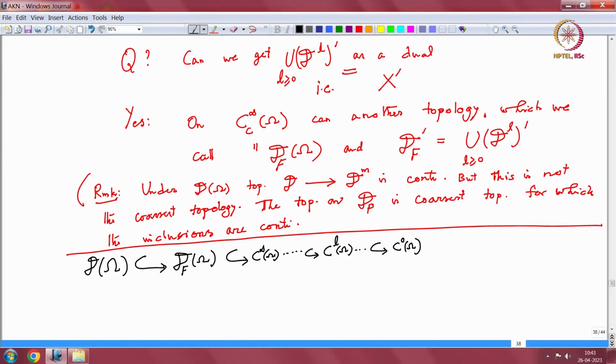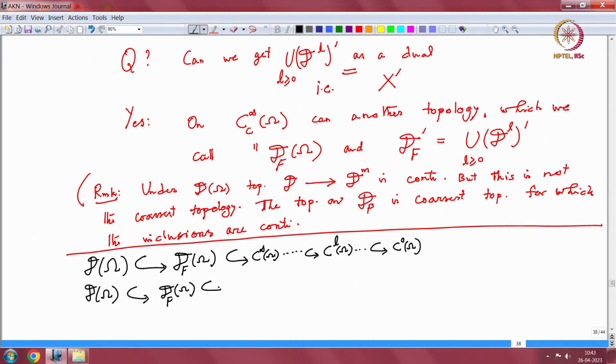And you also have the inclusions D omega contained in again D_F of omega. The first one is without taking the compact support.